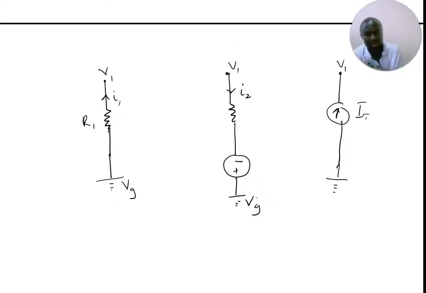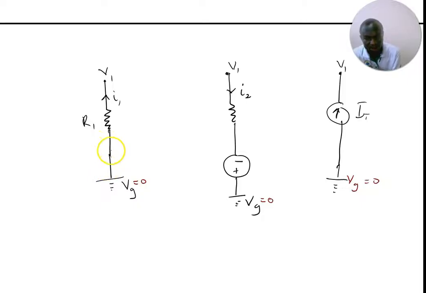Right. Reference node is always equal to what? 0. Reference node is always equal to what? 0. Right. That's the reference node. It will always be 0. So you always pick one point as a reference node. And it's always going to be what? 0. Okay.